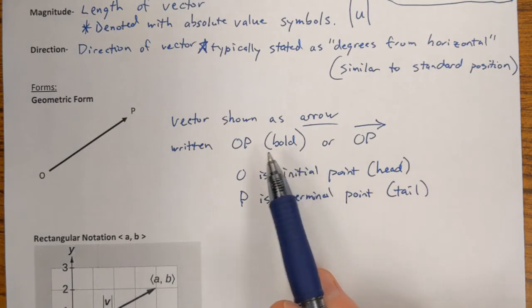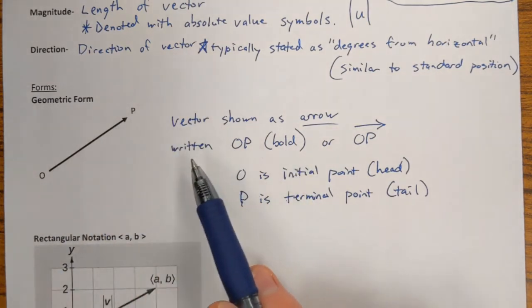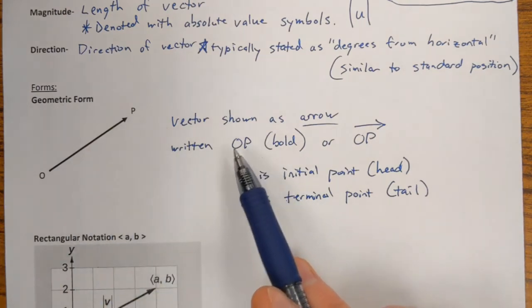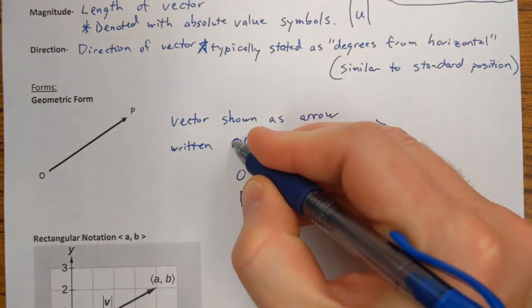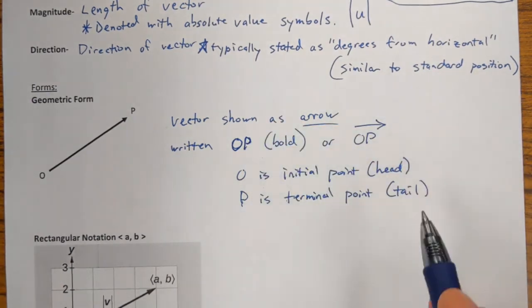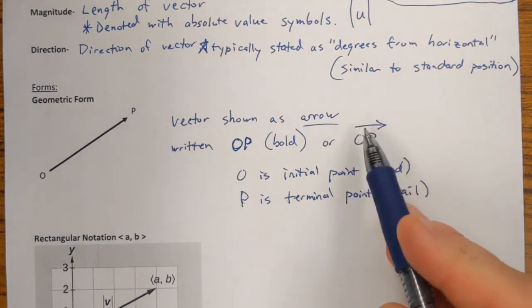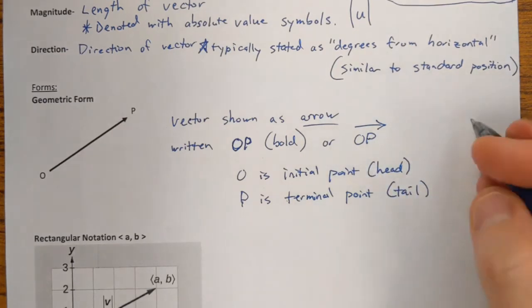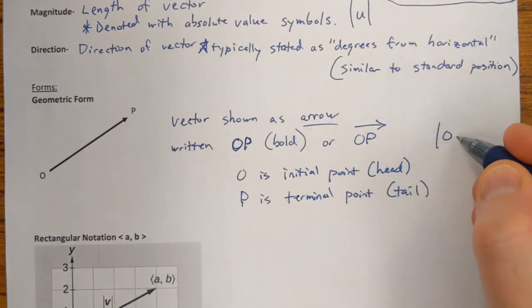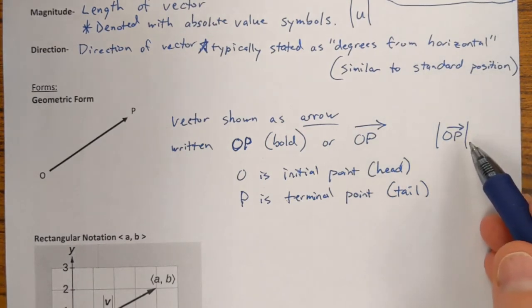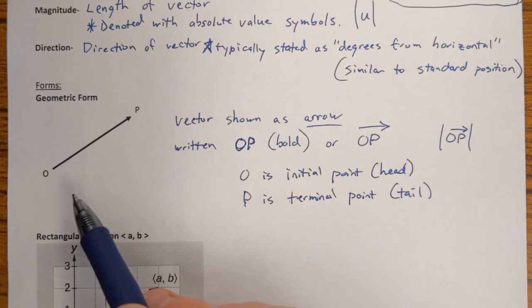If we know the endpoints, we could write this vector as vector OP, in bold print. That's one way to write a vector. Or you can write OP with a little arrow symbol above it. That also denotes a vector. And if we wanted to talk about the magnitude of this vector, we could write the magnitude or the length of vector OP. And then O has a name.